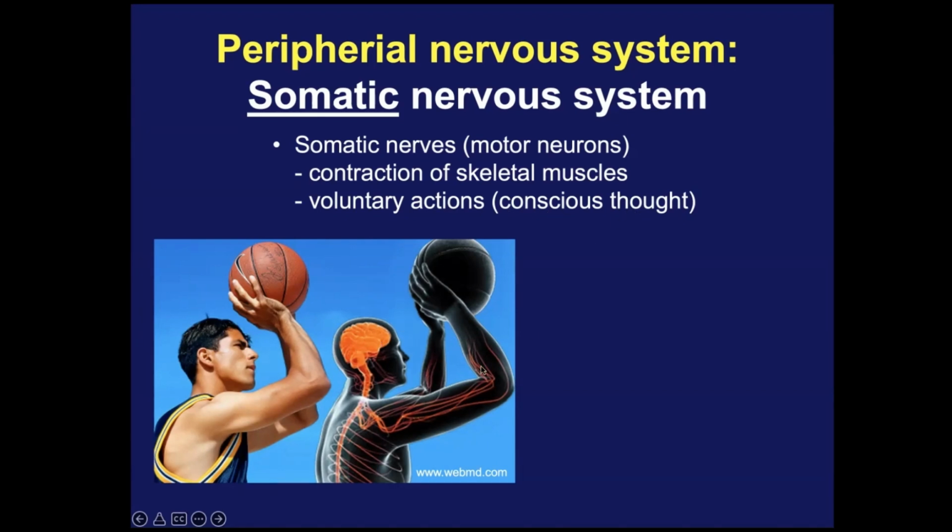For example, when we throw a ball, the contraction of the skeletal muscles in the arm is controlled by these motor neurons. Because it is a voluntary action, we can decide when and in which direction we throw the ball. So it's under conscious thought control.